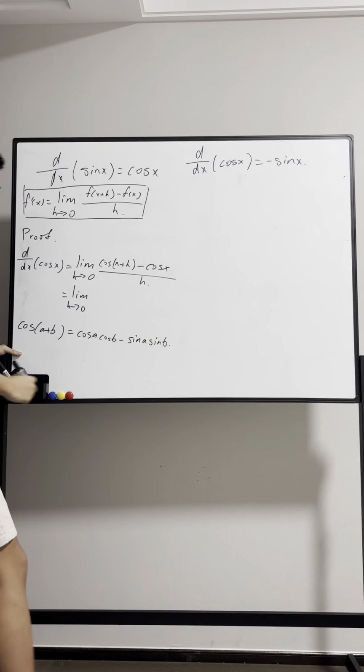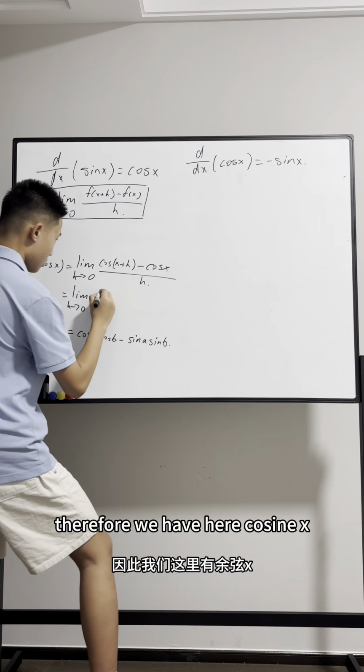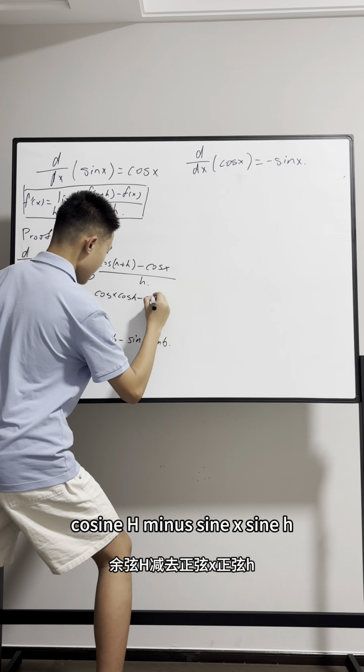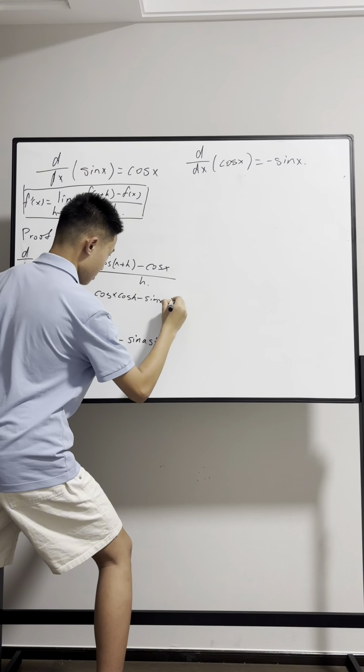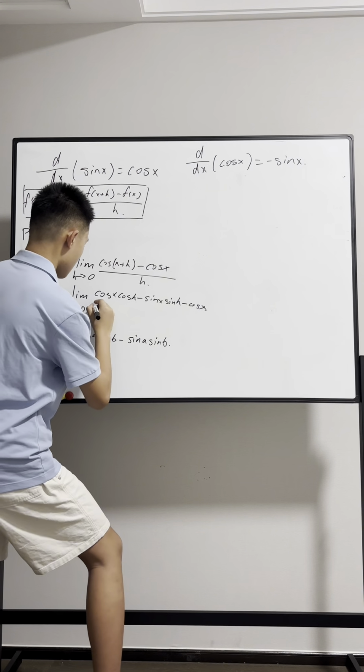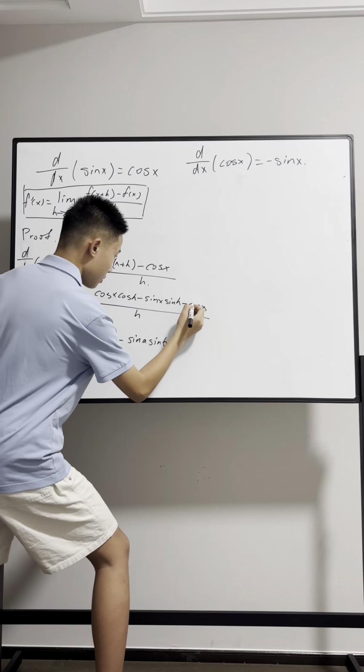Okay? Therefore, we have here cosine x cosine h minus sine x sine h minus cosine x over h.